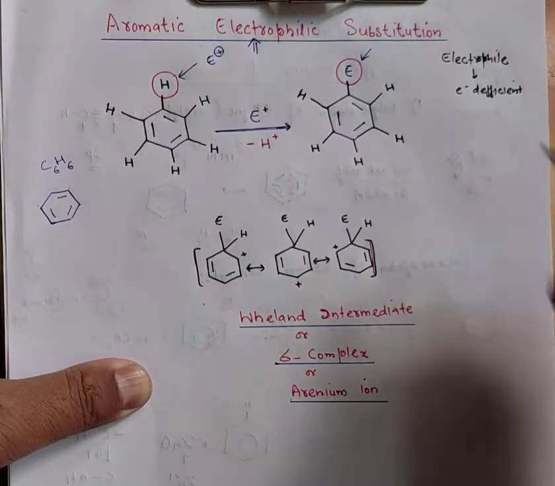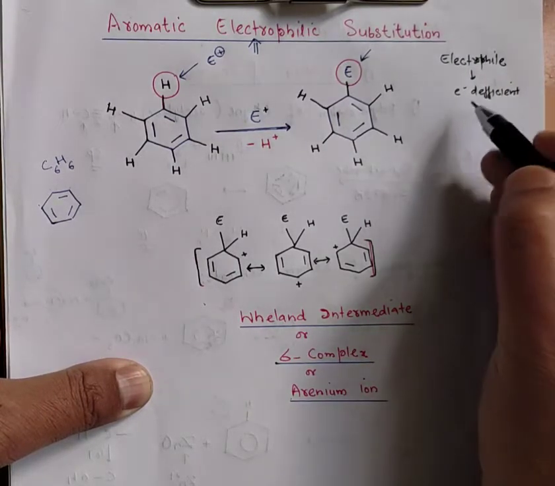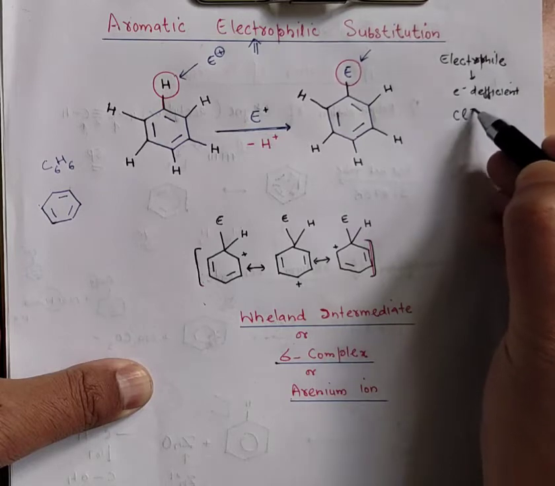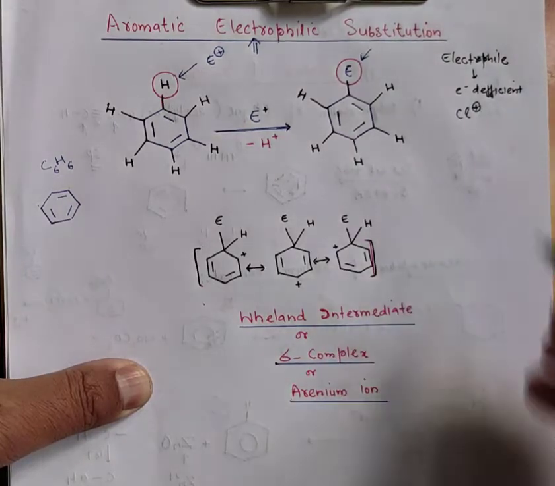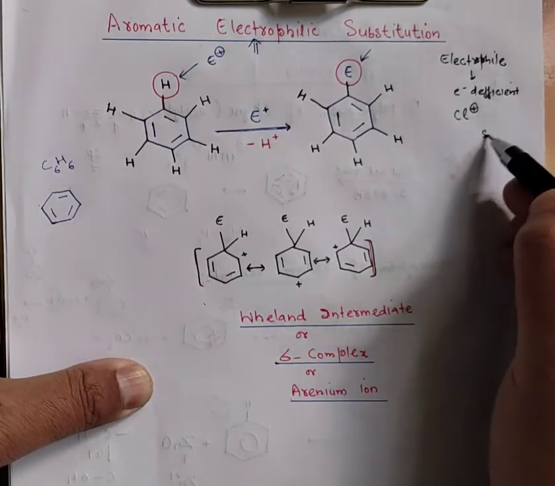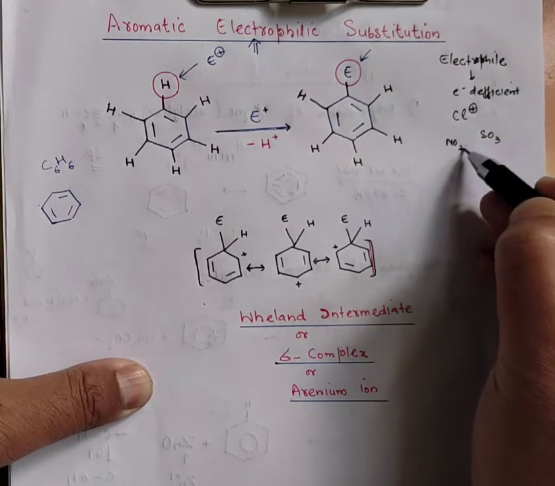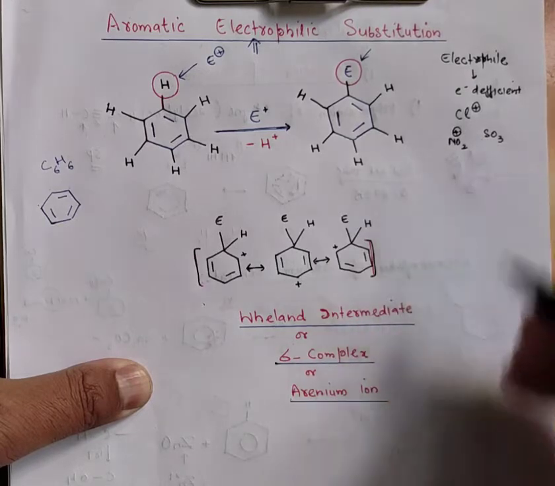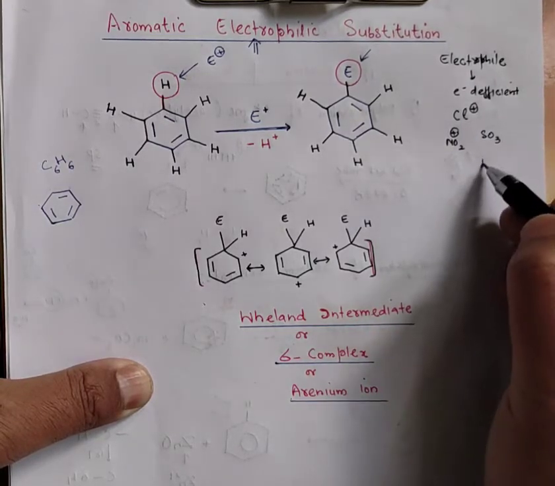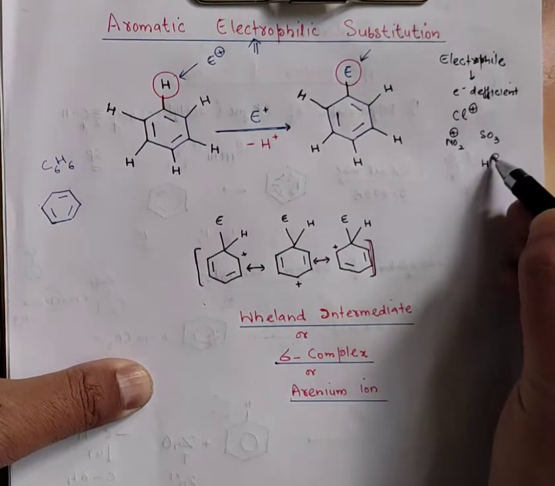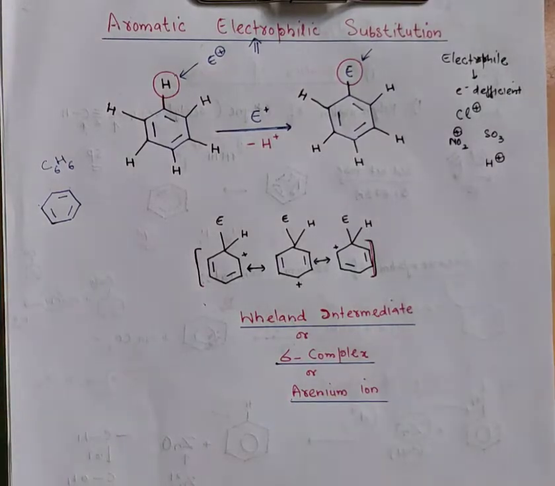For example, we have a halogen which is a plus charge. For example, Cl plus. Okay. We have SO3. We have NO2 plus. So these are all electrophiles. We have H plus, that also acts as electrophile because they are electron deficient.